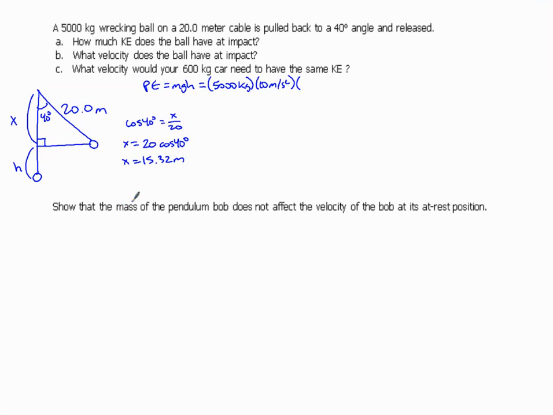And now we want to find h. 20 minus that number is 4.68 meters. And we'll put that number in here, 4.68 meters. So this is going to give us a potential energy of 234,000 joules.